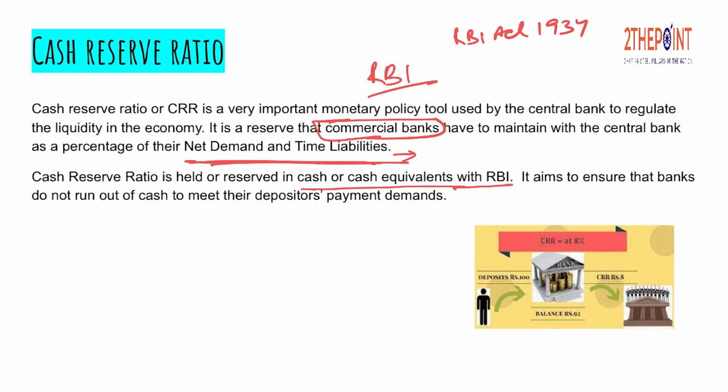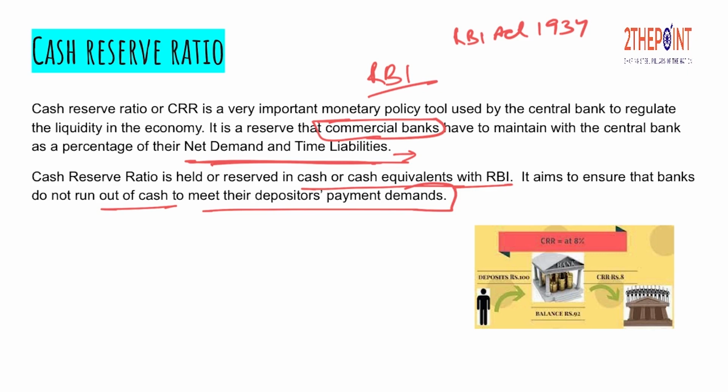Now the commercial banks do not have to maintain the cash reserves with them in the bank branch, but they have to maintain it with the RBI, which is the central bank of the country. It aims to ensure that the banks do not run out of cash to meet their depositors' payment demands. So why are these reserve requirements introduced by the RBI?